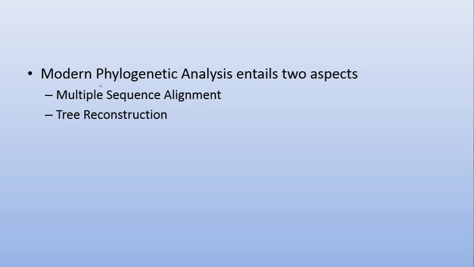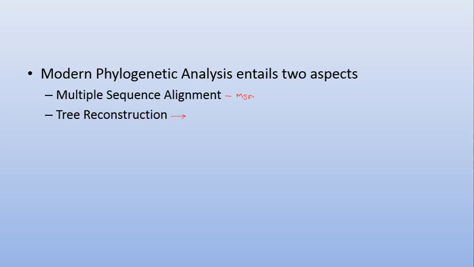Once you get hold of this multiple sequence alignment, the next thing you are supposed to do is to use it as an input for generating a phylogenetic tree, and the process by which we generate such a tree is called tree reconstruction. So this is how usually the protocol is.